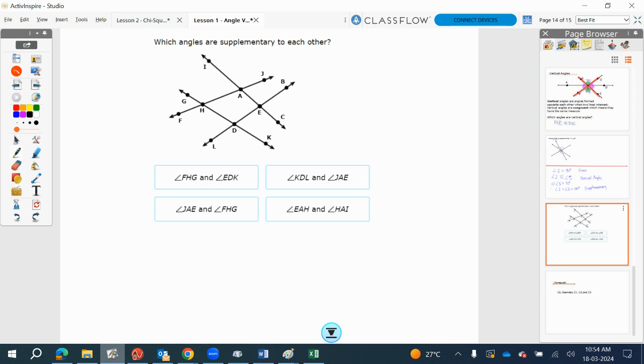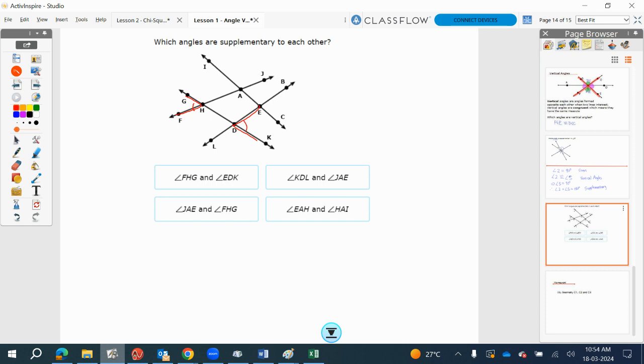Which angles are supplementary to each other from the list given? Here it gets a bit tricky. So use your pen to help you. Find where is this angle, FGH. So draw the dots, FHG, that one. EDK, this one.